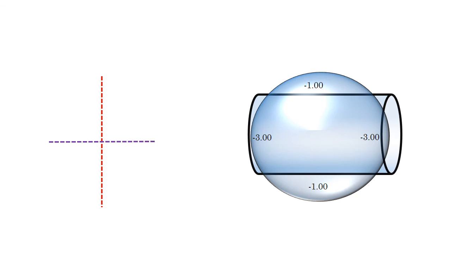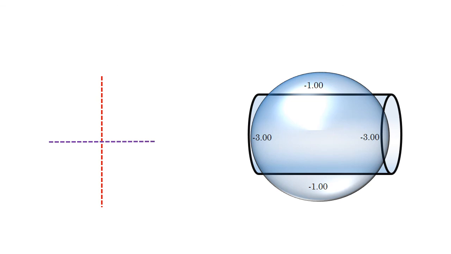All of the power in this cylinder that's drawn here is at the 90 degrees, because that's where you have that steep curve. One side is flat, no converging or diverging power. The other side is curved and it has all the power, in this case -3 of power.